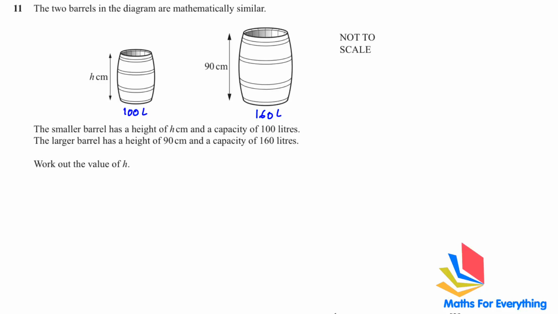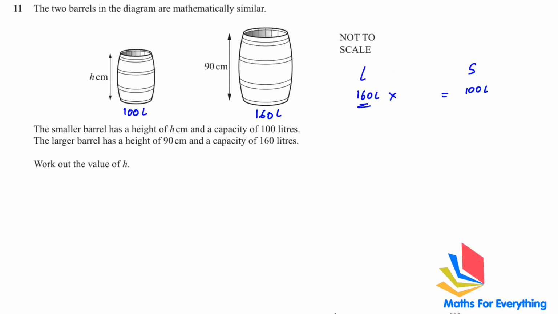In a similarity question, let's write down here: this is the large barrel and the capacity is 160 liters. The smaller barrel has a capacity of 100 liters. 160 multiplied by something gives you 100. What is that? We have to find out.